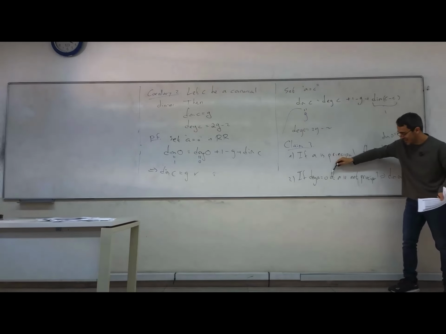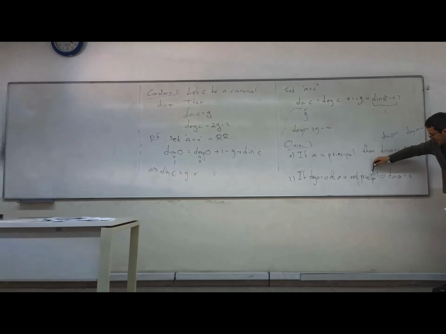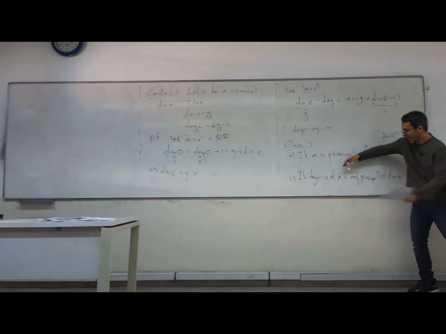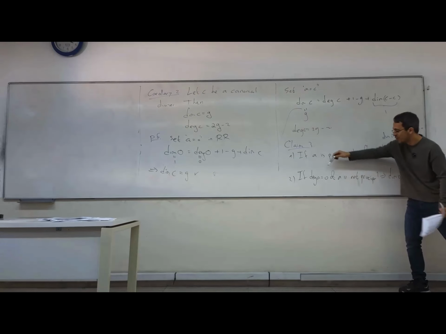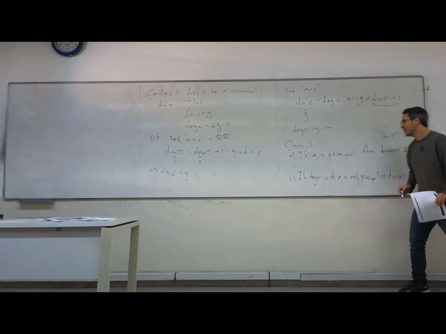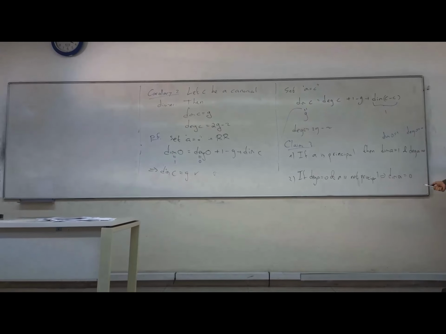So I'm assuming that deg A is 0, and I want to prove that if A is not principal, then the dimension is 0. I'm replacing this "and" with an arrow, the same thing. So assume the degree of A is 0. That's a fixed assumption. Now I want to prove that if A is not principal, then the dimension is 0.